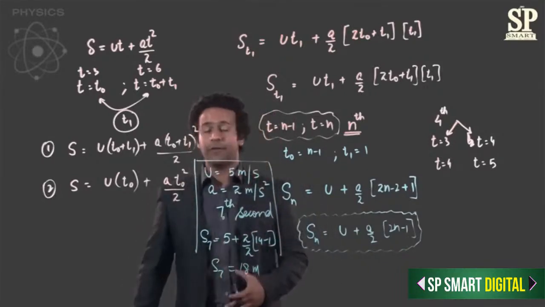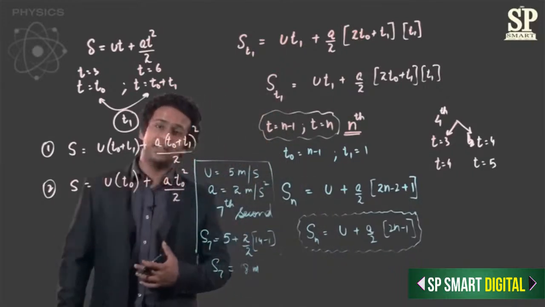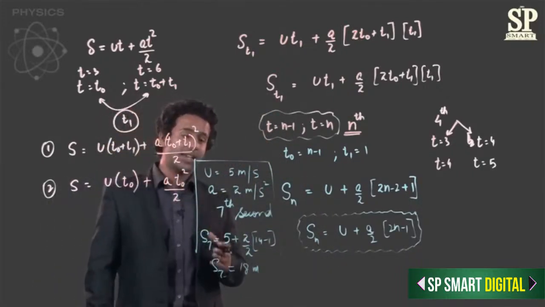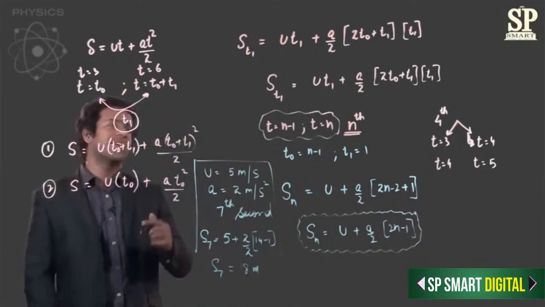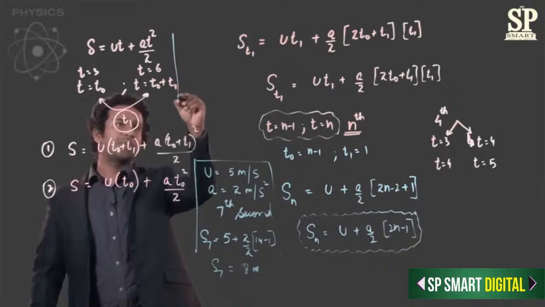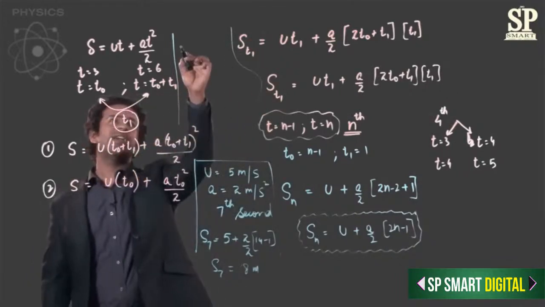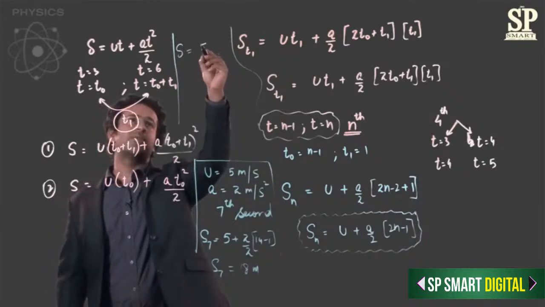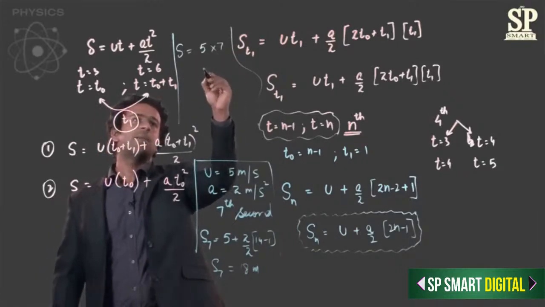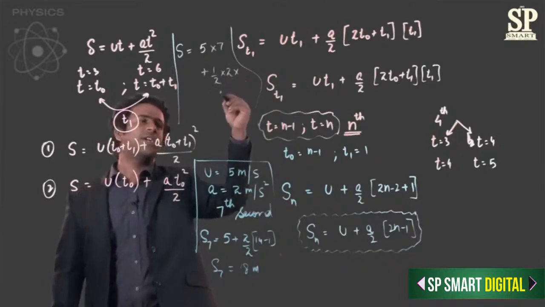On the other hand, if you were asked to find the displacement of this particle in the first 7 seconds, then we would have directly substituted this in the second equation. That is, to find the displacement in the first 7 seconds, we'll use the second equation, which will give us S is equal to ut, which becomes 5 into 7 plus half into acceleration, which is 2, into t square.